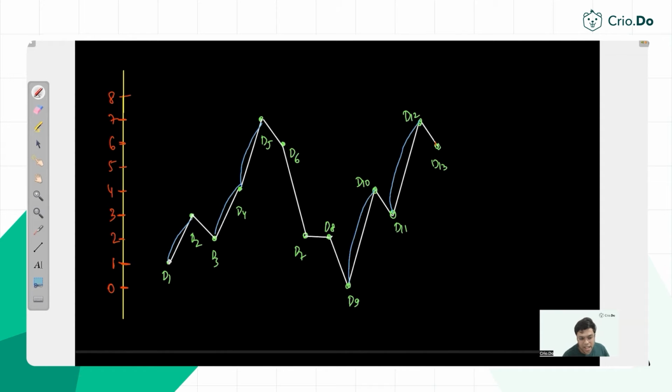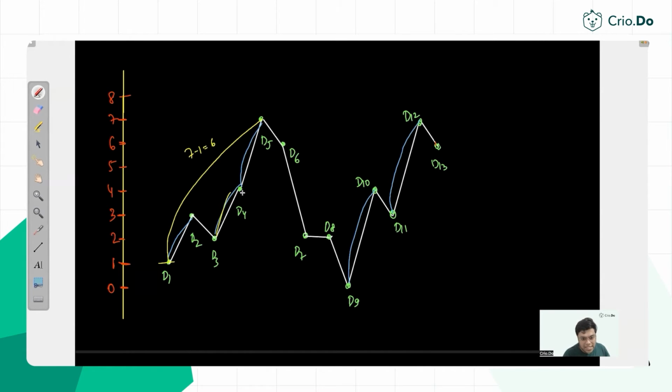Why should I not directly buy on day one, and in this example sell on day 5, a single transaction d1 comma d5? Why should we do all these 3 transactions, first d1 to d2, then d3 to d4, and then d4 to d5? The reason is, if we just do a single transaction between day 1 and day 5, the profit will be 7 minus 1, which is nothing but 6 only.